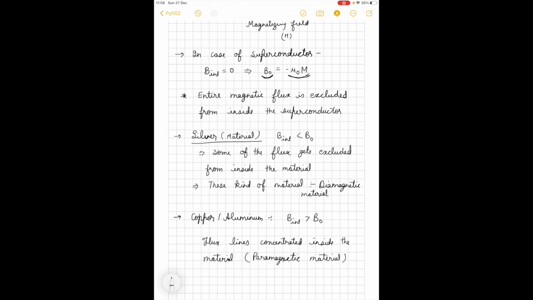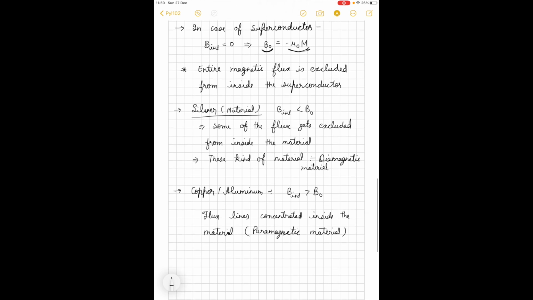Okay, so there are also, let's say, instead of copper or aluminum, if you put iron, so these are called ferromagnetic or ferrimagnetic material because the flux lines are heavily concentrated. So if you put, let's say, iron, then the B int would be significantly higher than B naught.